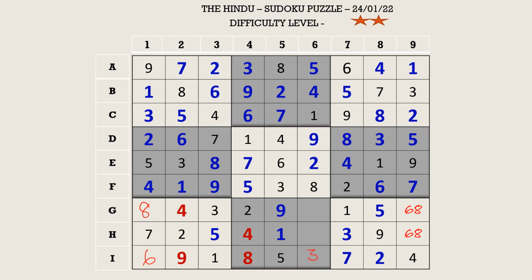This 8 cancels out the 8 here in G9, and G9 becomes 6 and H9 becomes 8. Now the missing numbers in the 8th block are 6 and 7. So G6 takes 7 and H6 takes 6.